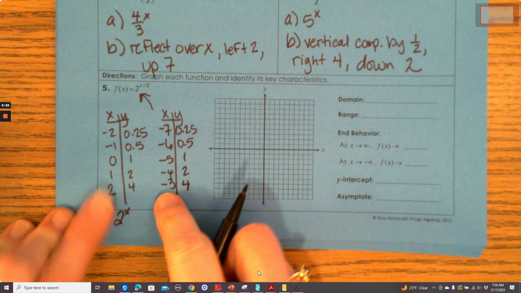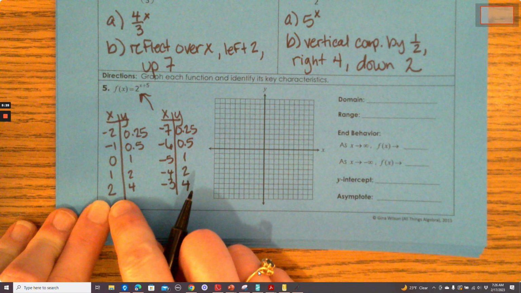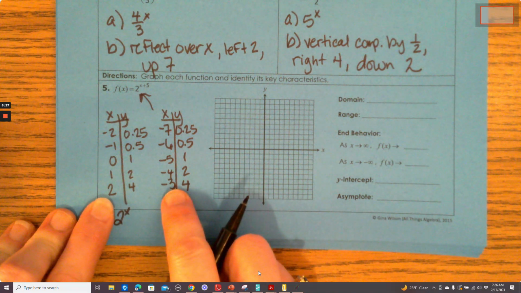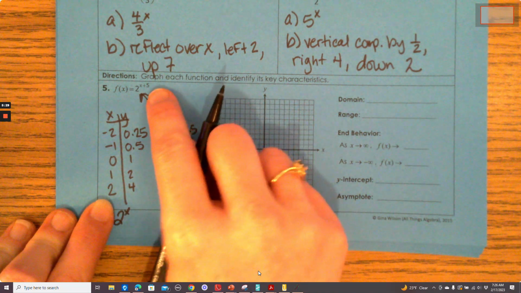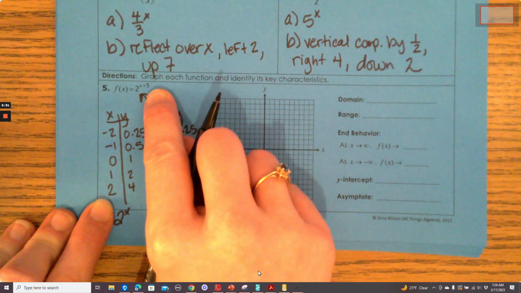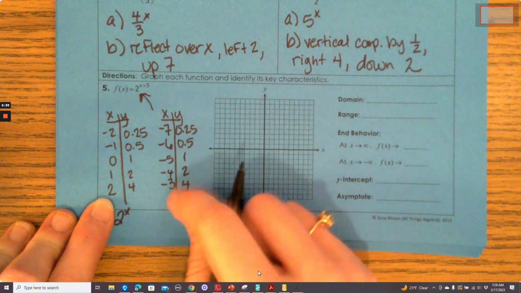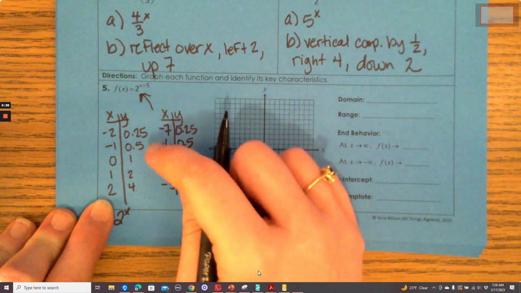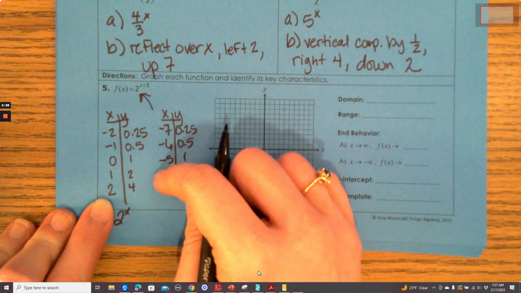So the y values are all the same, but look what has happened here. They're the same when the x value shifts to the left 5. So when we're saying shift, that's what's happening. If we're shifting it left and right, we're shifting the x values.